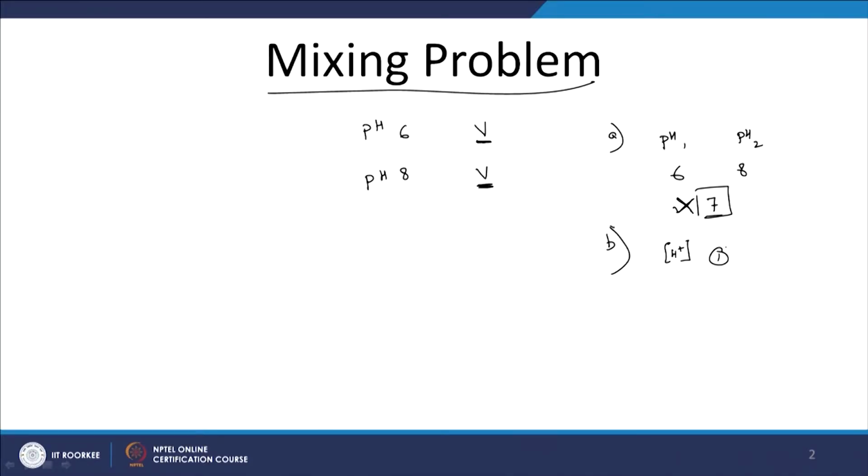So then what do people try to do? People try to calculate the concentration of H plus for solution 1, and also the concentration of H plus for solution 2, and then take the average of these values and get the pH of the mixture. Well, this is one way. Again, this would work if H plus concentration was a conservative quantity. But as you now know, with considerable background in acid base reactions, H plus is not conservative.